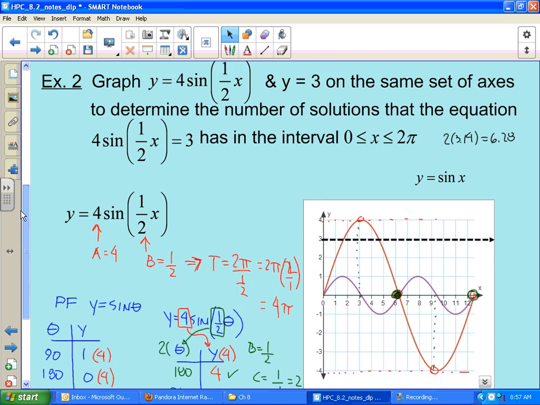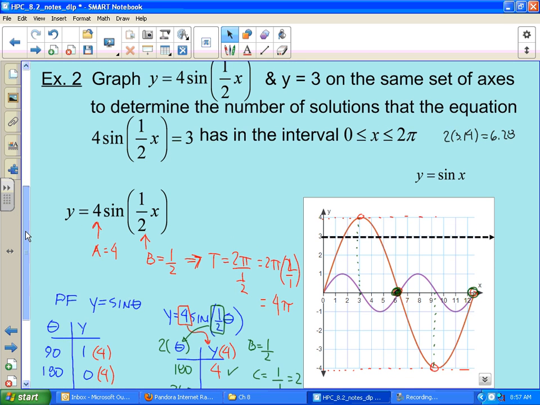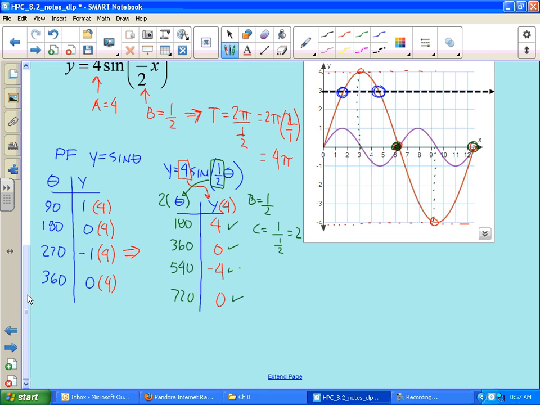All right. So what were our answers here? We're supposed to determine the number of solutions. So we look at our graph, and the number of solutions would be there and there is where I intersect. So I have 2 solutions right there. And we can go ahead and find out what those would be. So let's see.